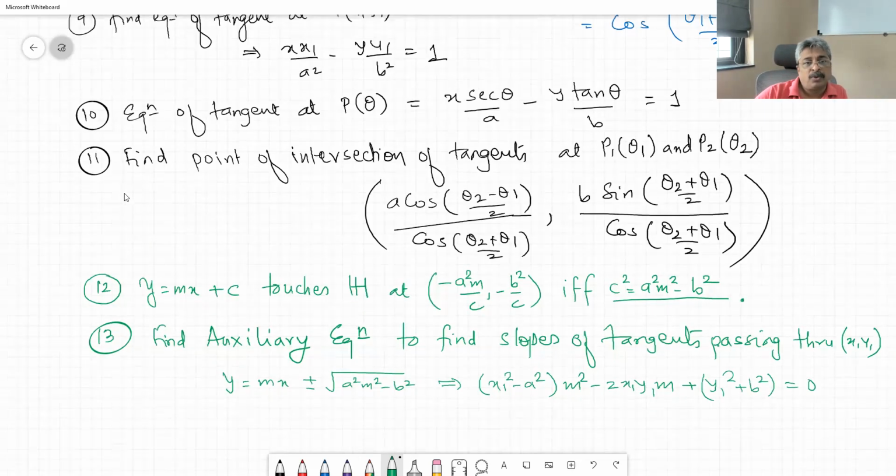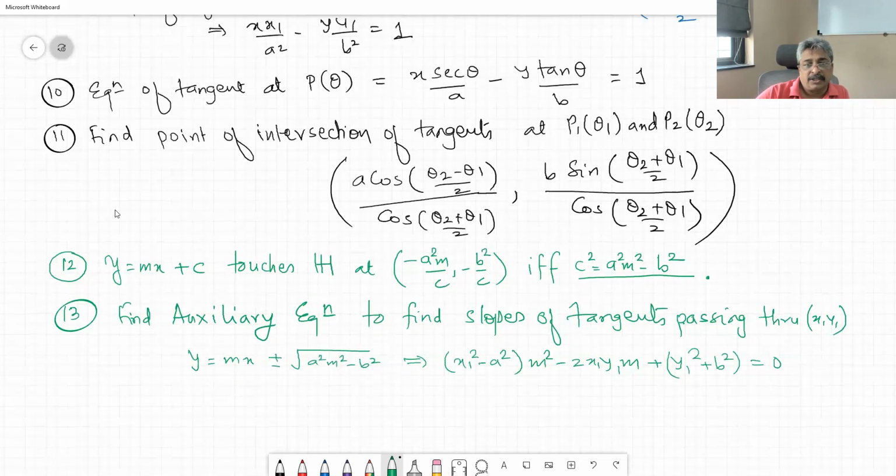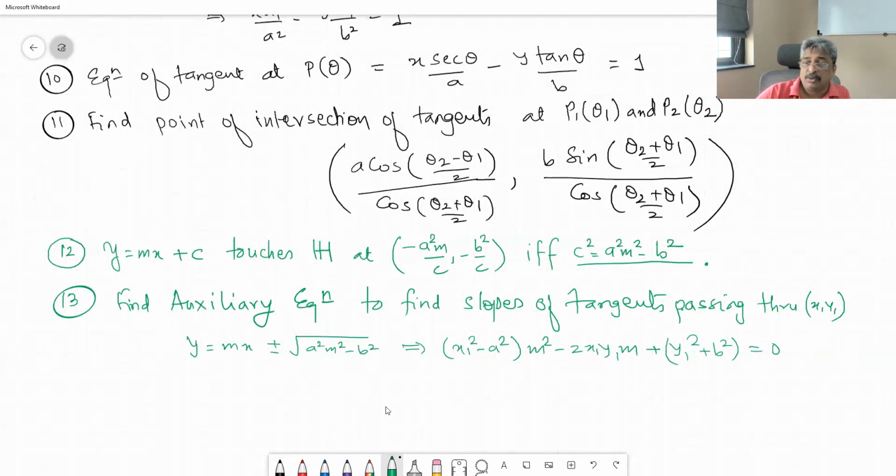If you happen to draw two tangents, how many tangents are possible? Two tangents. Now, it depends whether they are real, imaginary or coincident, depending on where (x1, y1) is present. And if imaginary, then the discriminant of this is going to be less than 0.